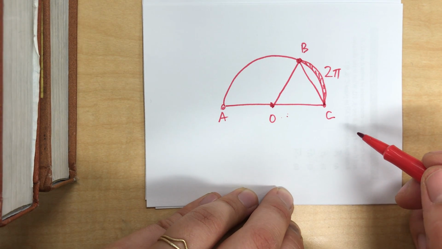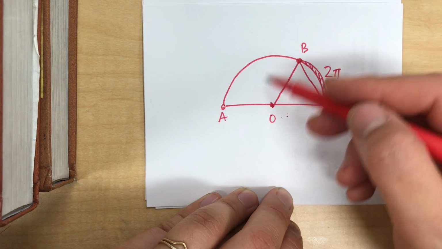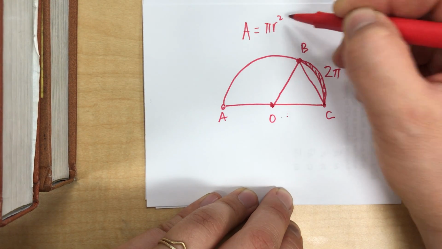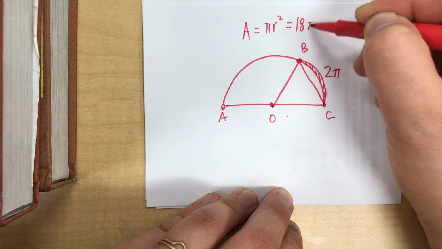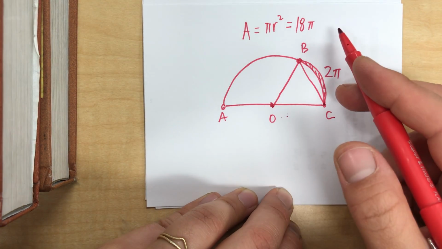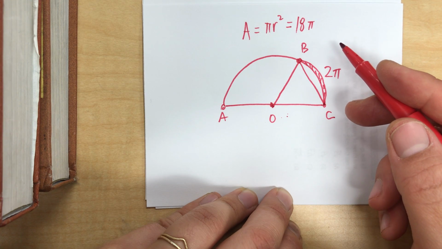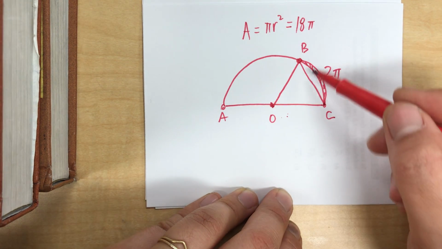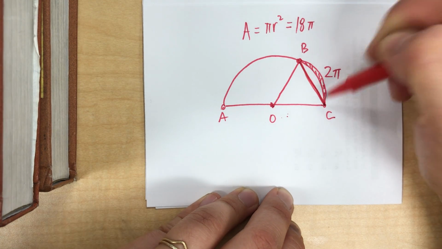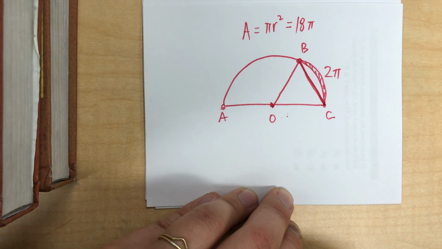The area of the semicircle, so the area of this whole thing, by the way, area is pi r squared, they're saying is 18 pi. What is the length of BC of the triangle? This portion right over here of the triangle. So that's what we need to try to find in the end.